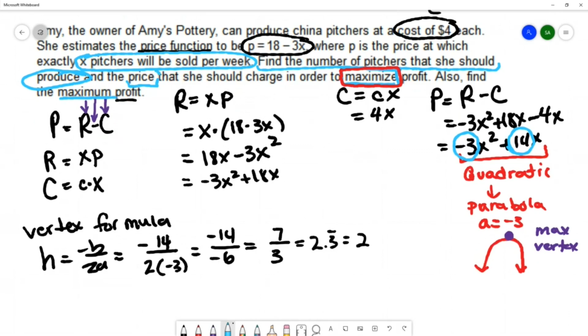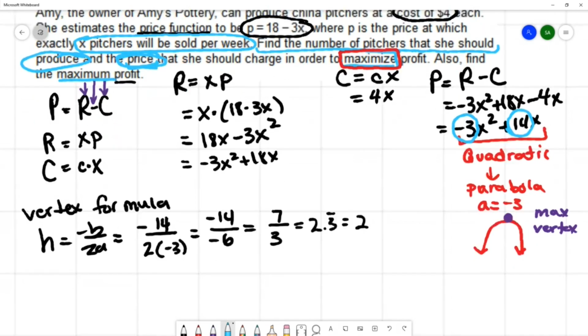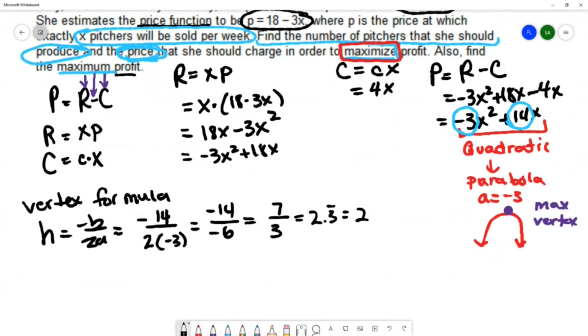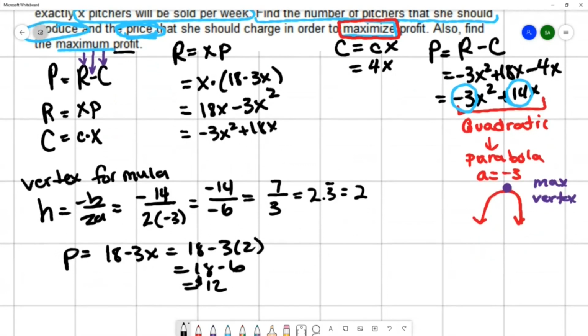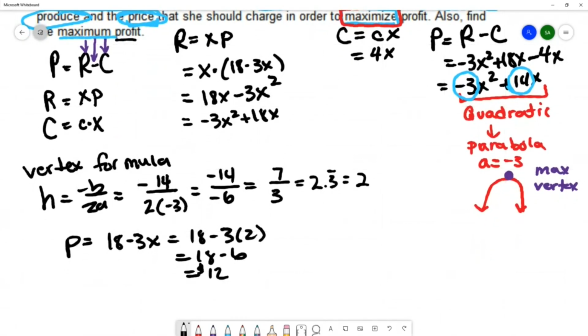We also want to know the price. So the price that she should charge, this is the lowercase p. So we're going to use this right here, 18 minus 3x. That's 18 minus 3 times 2. 18 minus 6 would give 12. She should charge $12. And we also want to find the maximum profit.